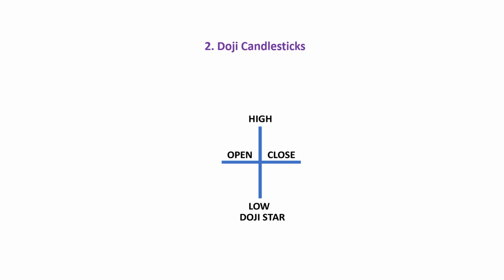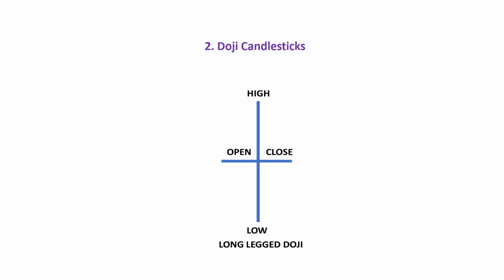This pattern occurs when the opening and closing prices are formed almost at the same level, resulting in a small or non-existent real body and long upper and lower shadows. The doji star pattern is significant because it indicates that the market is indecisive, with neither buyers nor sellers having a clear advantage. It is often interpreted as a sign of potential trend reversal or a period of consolidation.